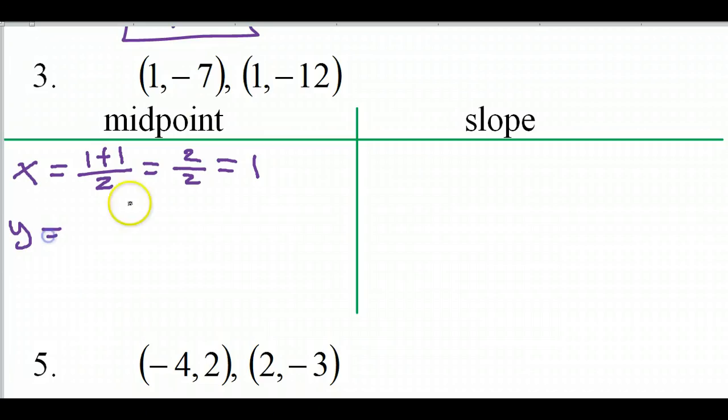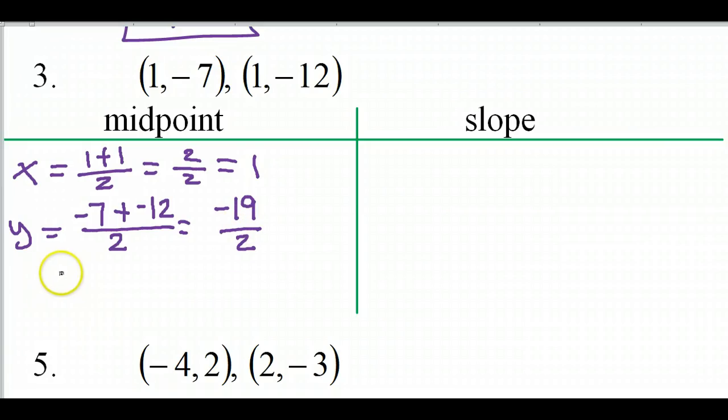When you go to do the y value, doing the average of the y's now, that's negative 7 plus negative 12 divided by 2. So that's negative 19 divided by 2. That does not reduce. So the midpoint is going to be (1, negative 19/2).